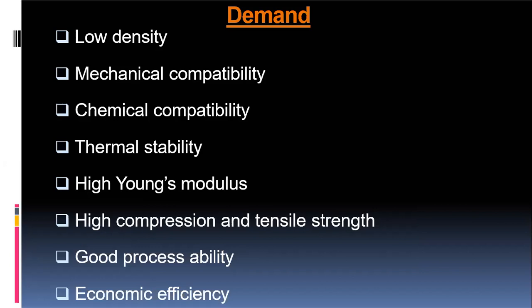This is a good one because metals are easily available in the market, and the cost of metals is very low compared to other materials, that is polymer matrix materials and ceramics. That is known as economic efficiency.